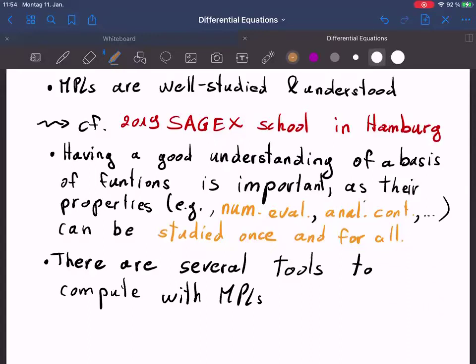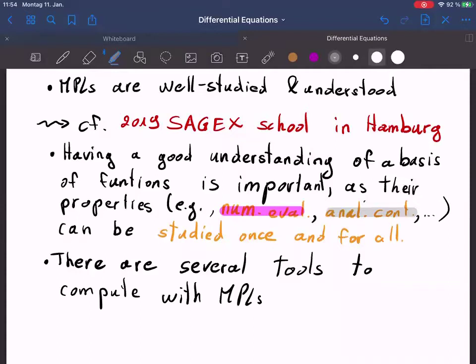So people have studied for these polylogarithms how to numerically evaluate them, how to analytically continue them. And so you don't have to do it again. If you know that you can evaluate your integrals in terms of some known functions, known here means that they have been studied in the literature, then you can just rely on that. So you don't have to reinvent the wheel.